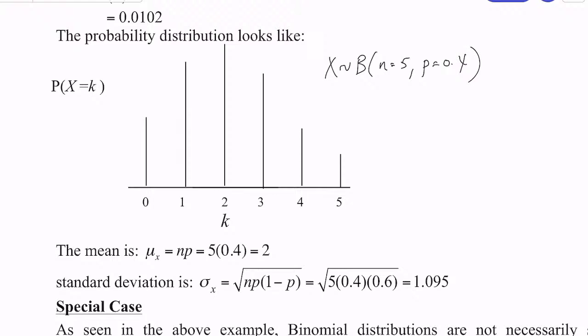Well, where is the balancing point of that distribution? In other words, where's the expected value of that distribution?